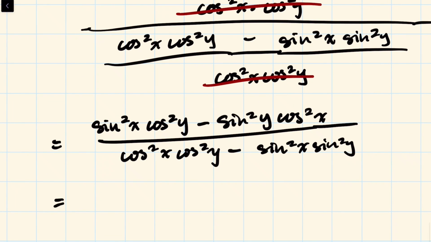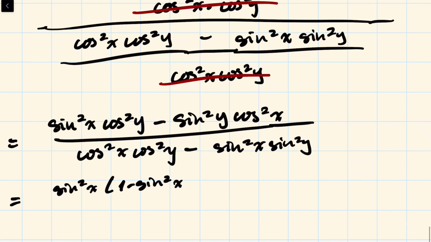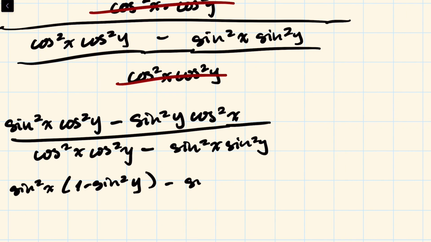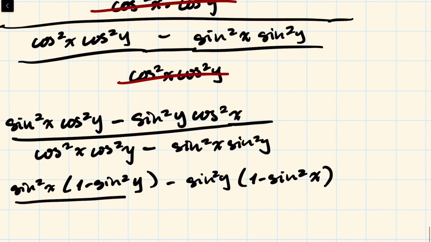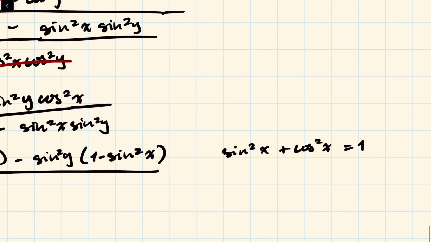Okay, so sine squared x cos squared of y, that's just sine squared x times 1 minus sine squared y, minus sine squared y multiplied by 1 minus sine squared x. Okay, that's just the Pythagorean identity, because sine squared x plus cos squared x is equal to 1 using the unit circle.